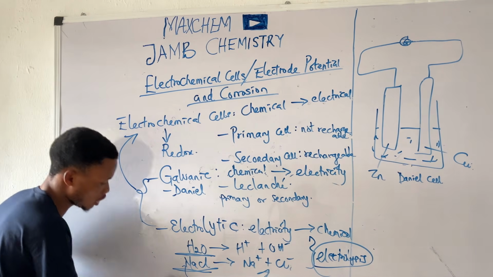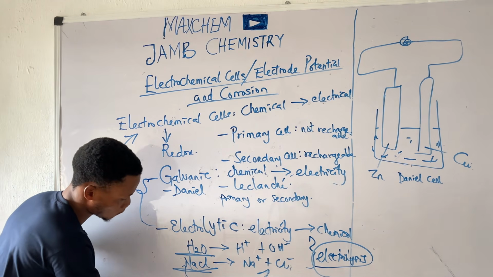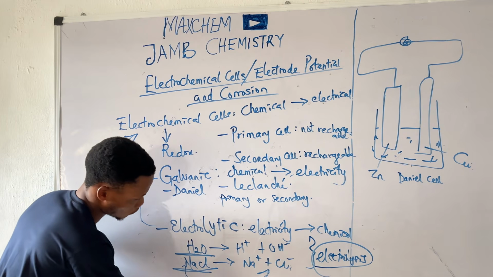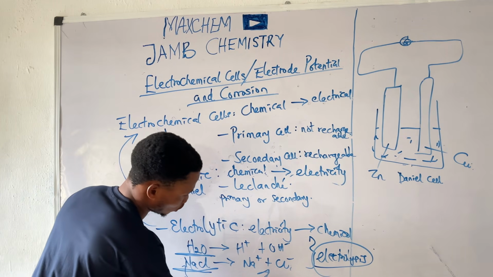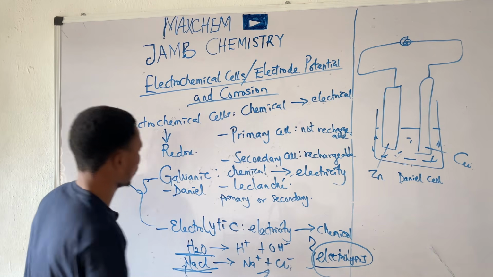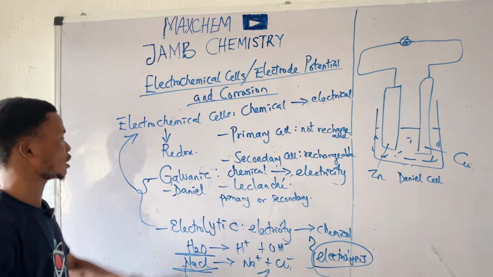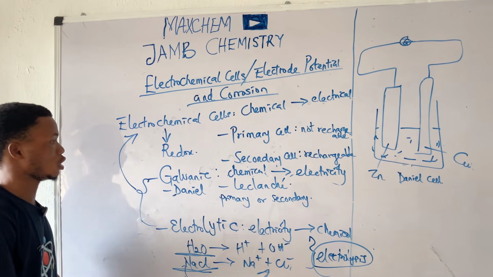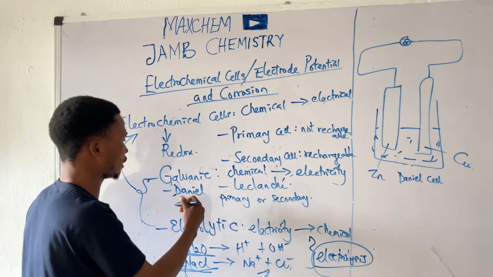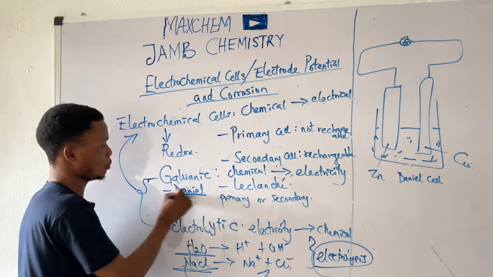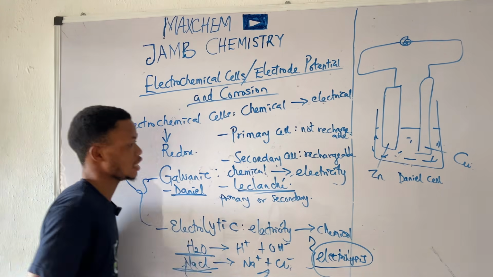This is essential in electroplating, in purification of metals, etc. Galvanic or voltaic cell, examples are the Daniel cell and the Leclanché cell, and it can be primary or secondary.